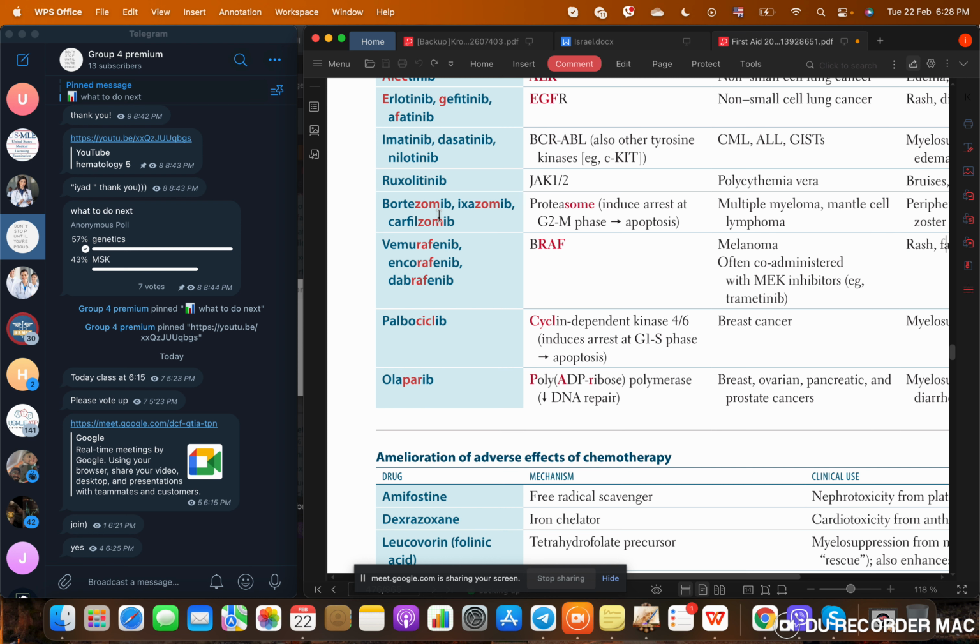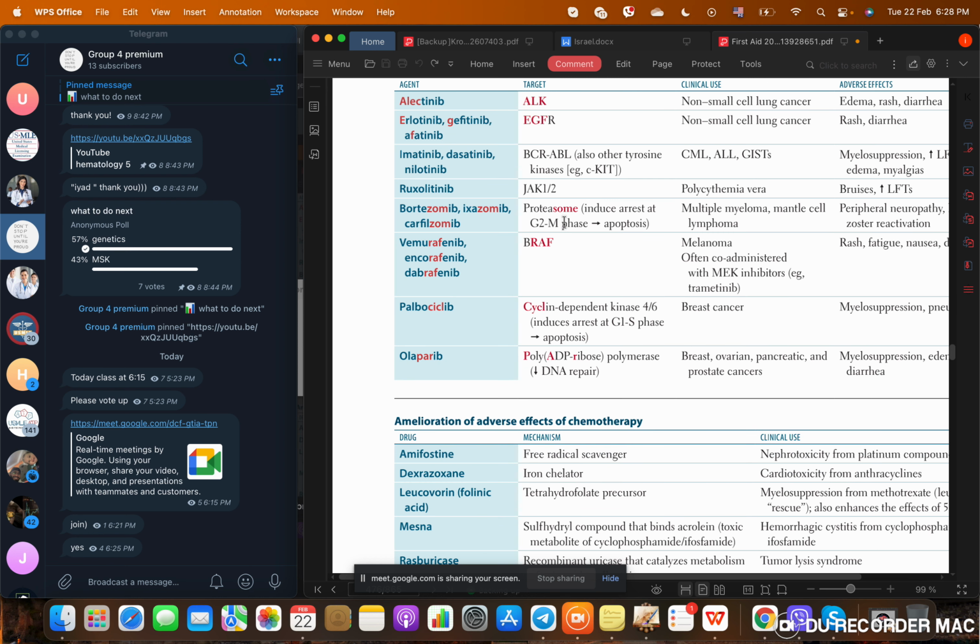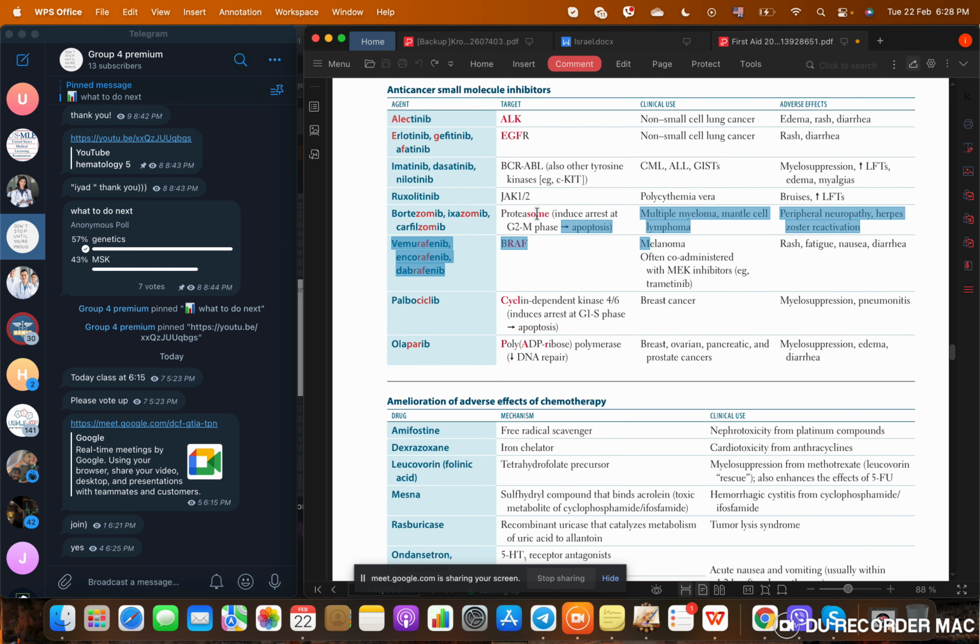The next drug is the zomib. They are proteasome inhibitors, and they can lead to a cell cycle arrest at the G2 and M phase, which basically can lead to apoptosis. Remember, the ubiquitin proteasome pathway is responsible for clearing out any abnormal proteins.